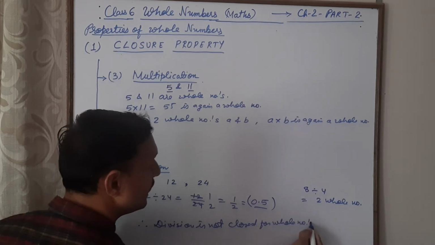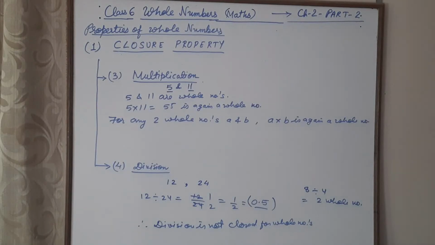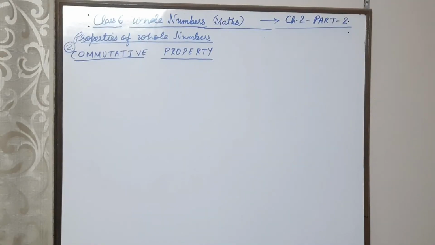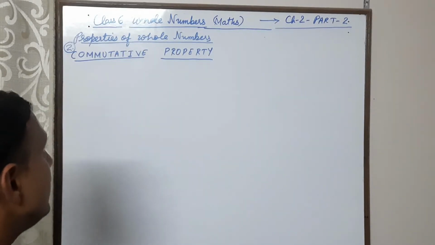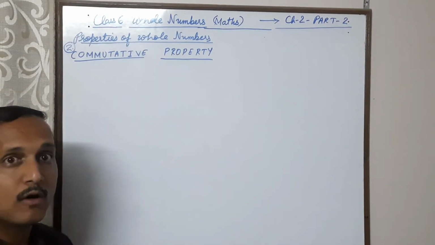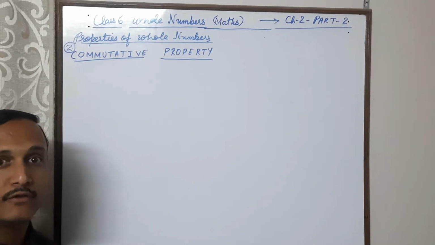So we have studied closure property under addition, multiplication, subtraction and division. Now the second property is commutative property. Now we will study commutative property for all four operations: addition, subtraction, multiplication and division.